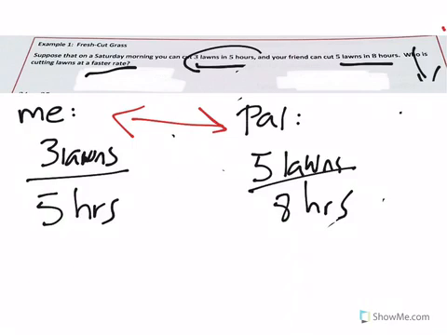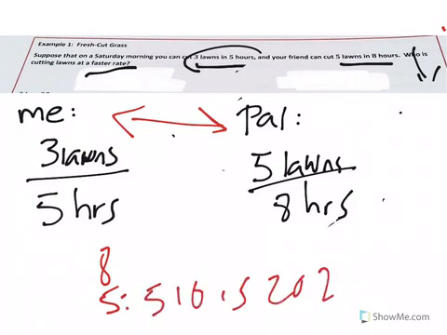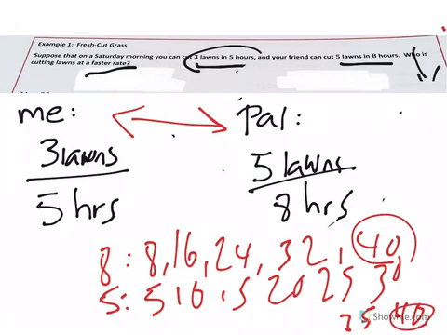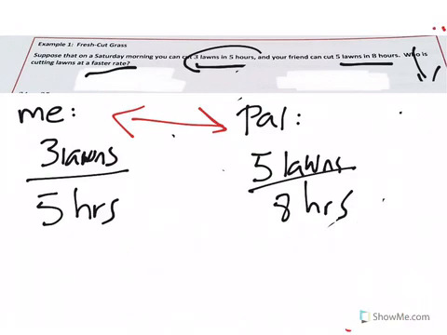If I look at 8 and 5: 5, 10, 15, 20, 25, 30, 35, 40. For 8: 8, 16, 24, 32, 40. They both have 40 in common.